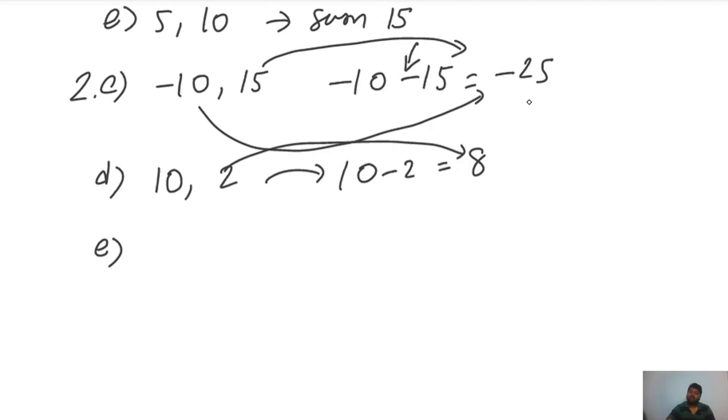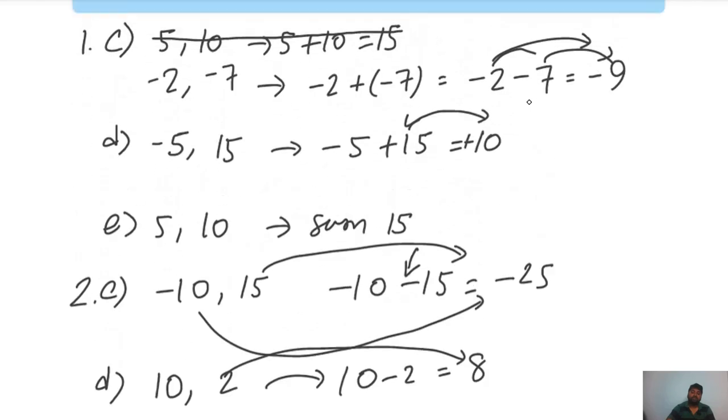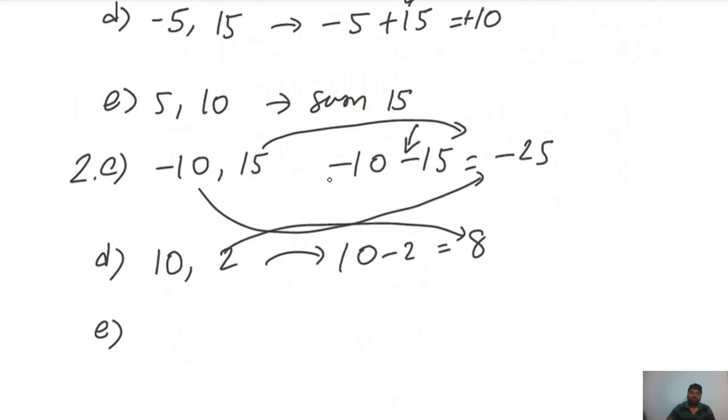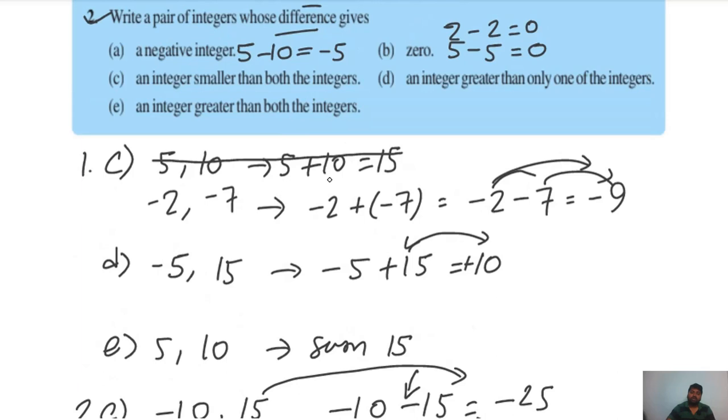In the earlier case we got the integer smaller than both the integers. How can we take an integer greater than both the integers? The result is greater in the difference case.